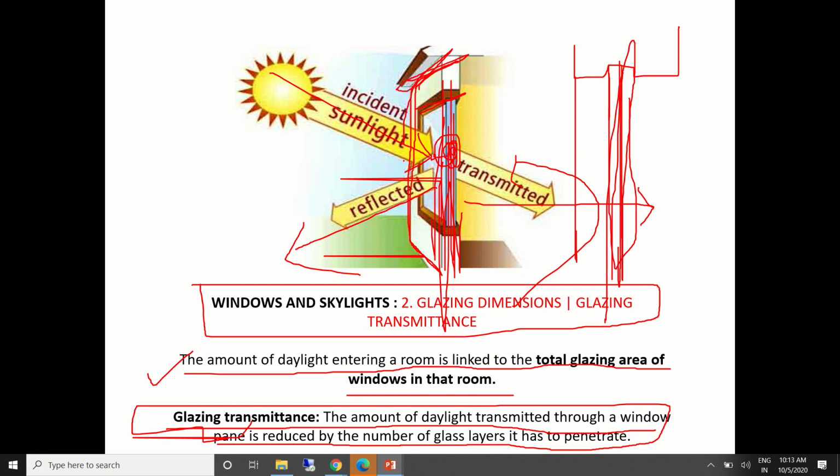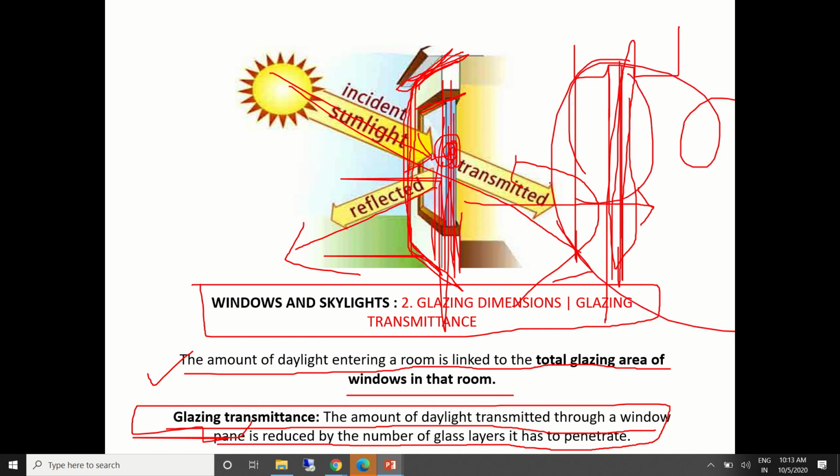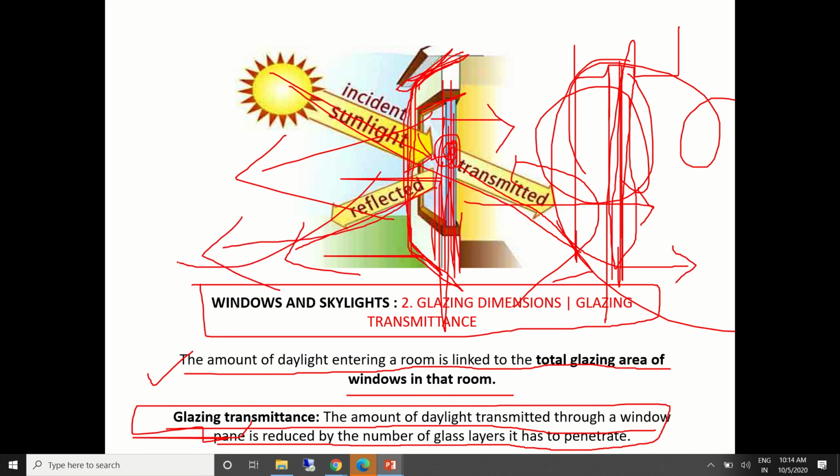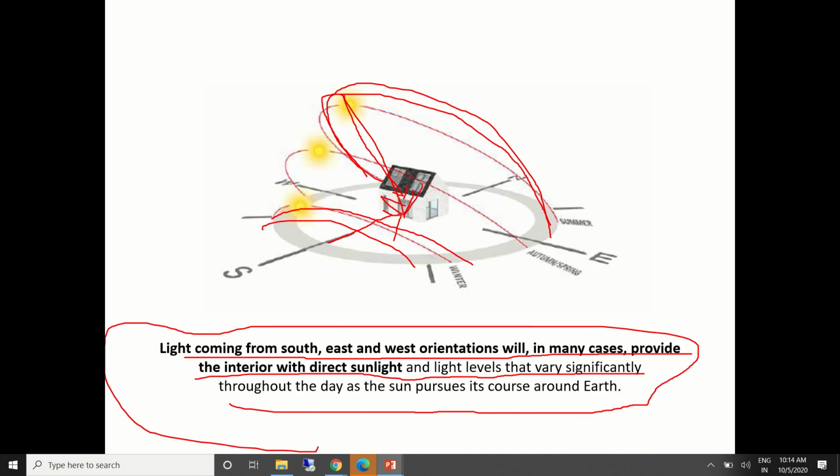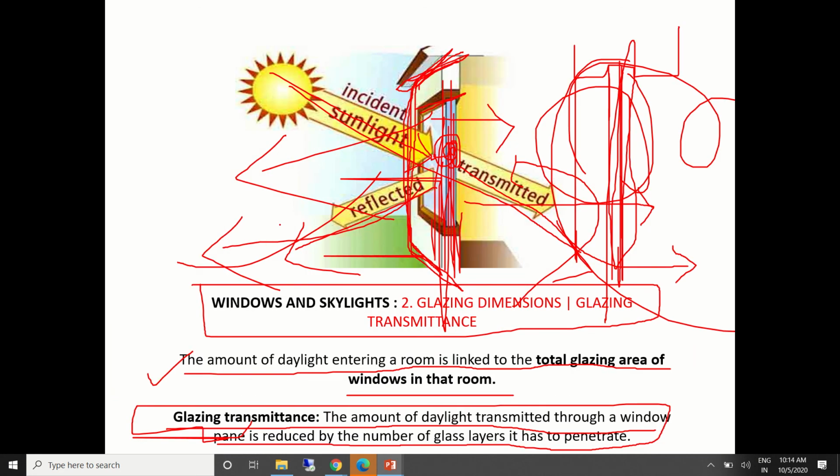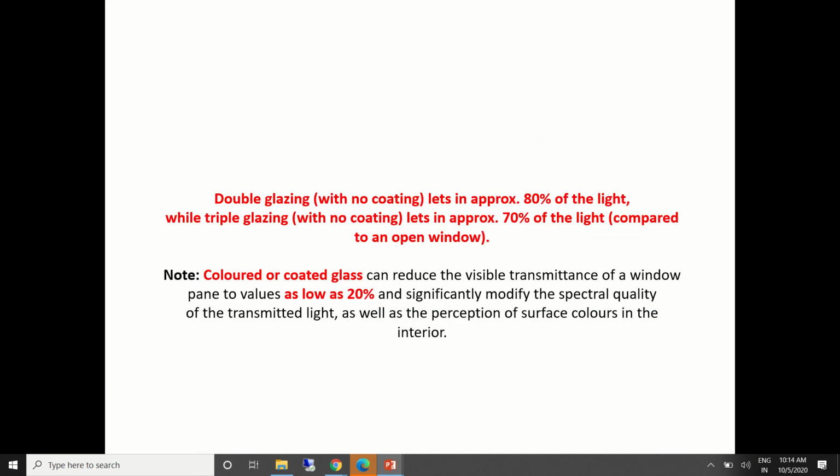Like we were discussing, I want to have all this wall as opening, but there is an issue of heat coming in. So what do I do so that I get light but the heat is reflected back? I get very limited transmittance of heat inside the building, and the rest of it is reflected. So the property of the glass material is also very, very important.